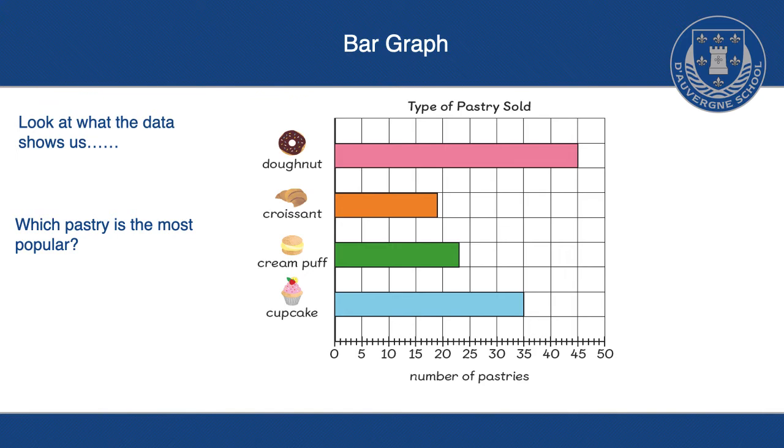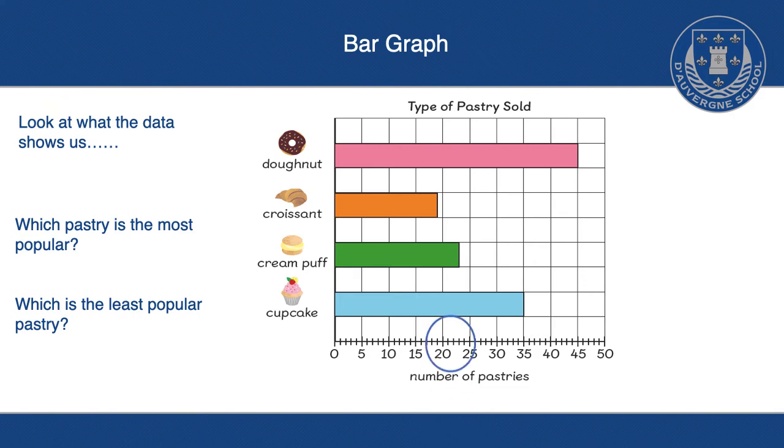This data set also uses it horizontally. So instead of the scale going vertical like we're used to, the scale is horizontal, which means it's going across rather than up. So we can clearly see that the donuts were the most popular, and I'm pretty sure we can all tell which was the least. The least popular was the croissants, because that is the shortest bar.